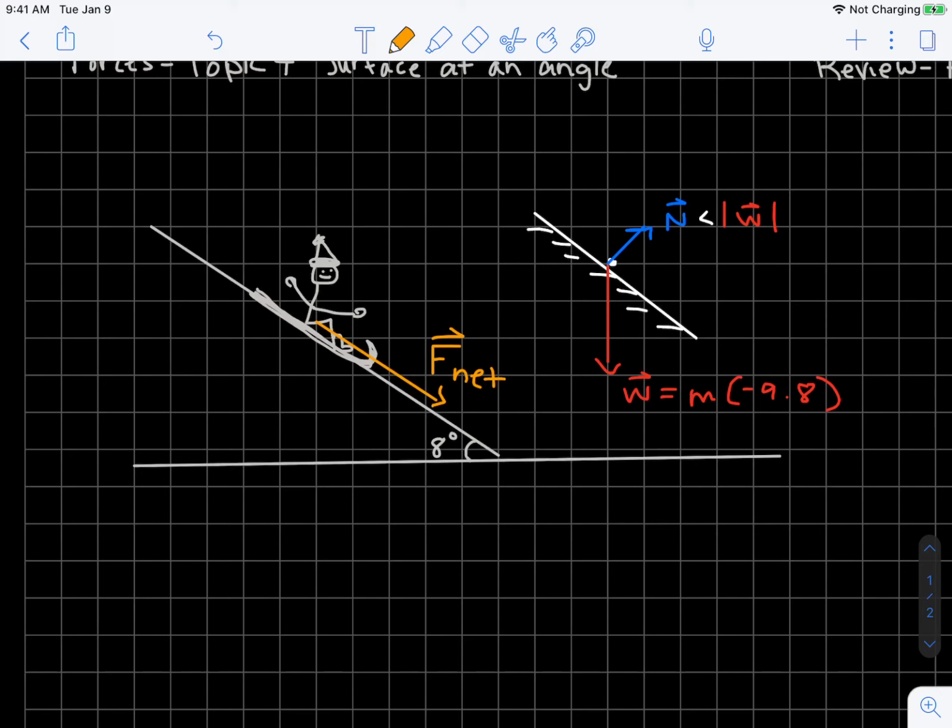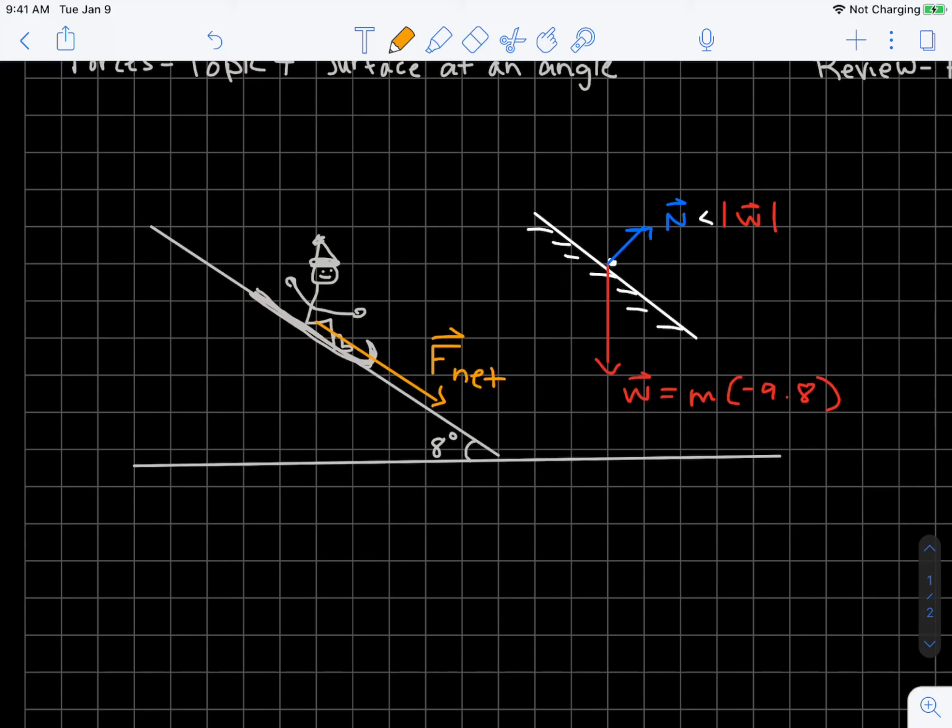All right. And so the case comes with, well, how do I find the net force? Well, you have an angle, so chances are you're going to have to use some trig. All right. And if we were to look at this from a geometric standpoint, and I play around with a couple of different things, I'm going to show you guys how that 8 degrees can actually be applied to the weight vector.